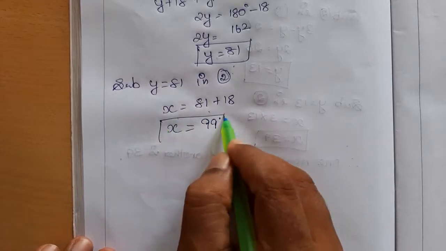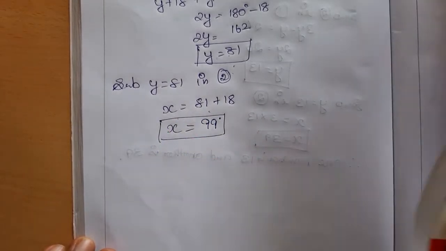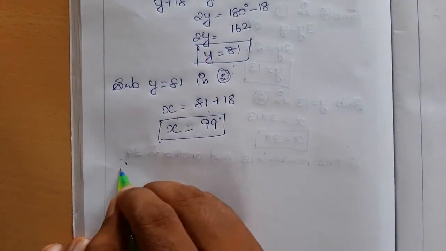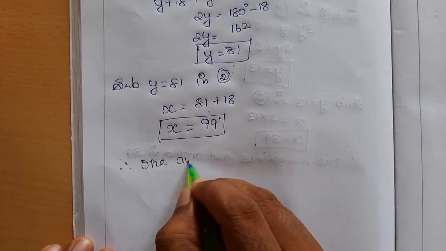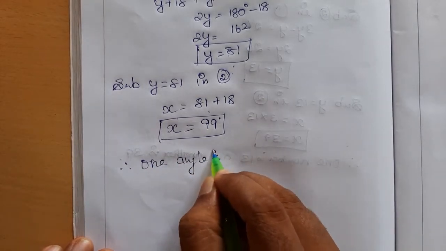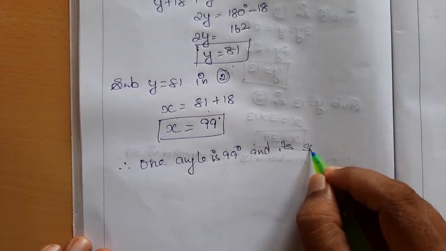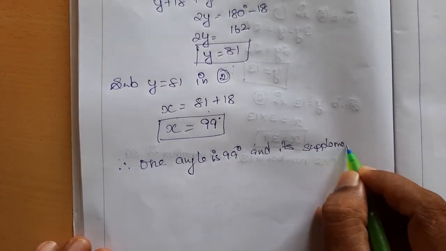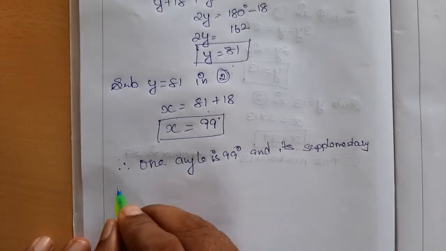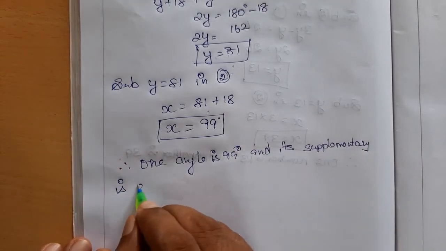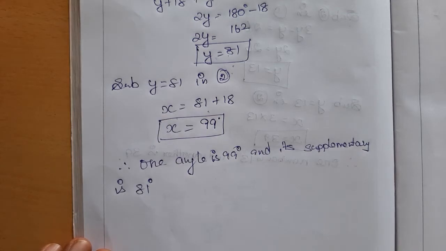So x value is equal to 99. Clear? Therefore, one angle is 99 degree and its supplementary is 81 degree. The unit is important.